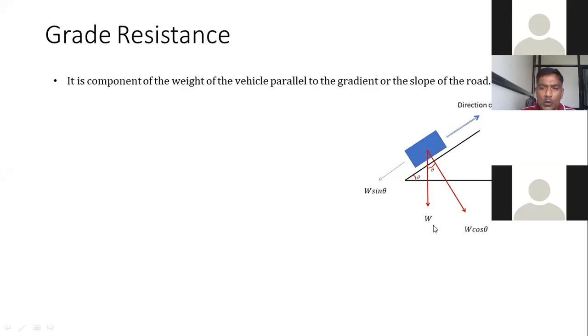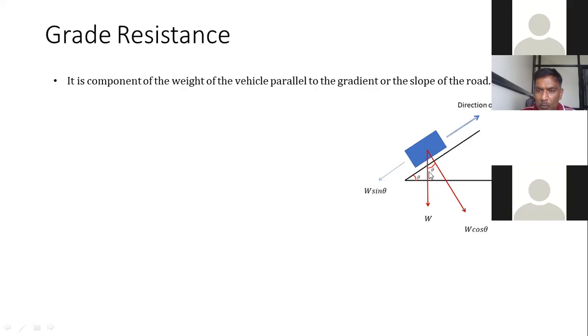First we have marked here W, which is acting in the downward direction. Then this angle we have considered, that is theta, with respect to the horizontal. Based on the trigonometry, this is theta, this will also be theta. We have just considered this triangle. Then this becomes 90 minus theta. This angle is unknown, then this is 90 minus theta.